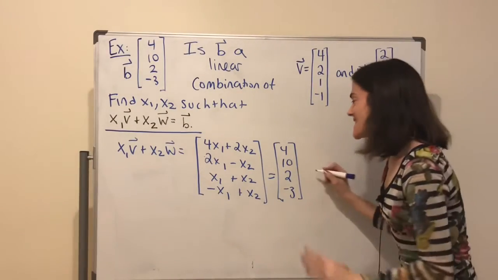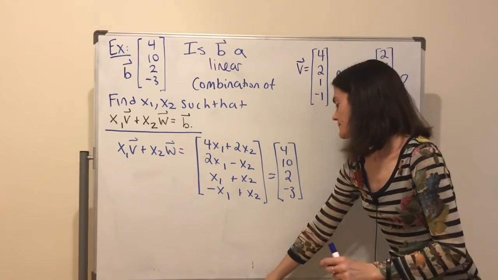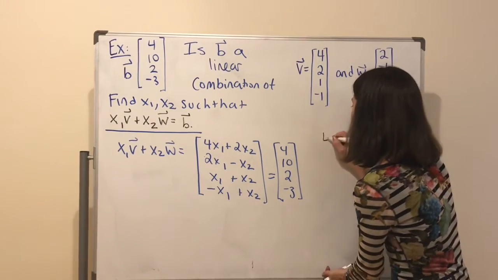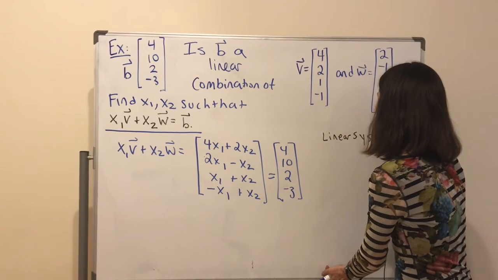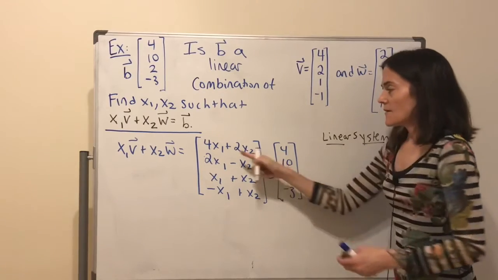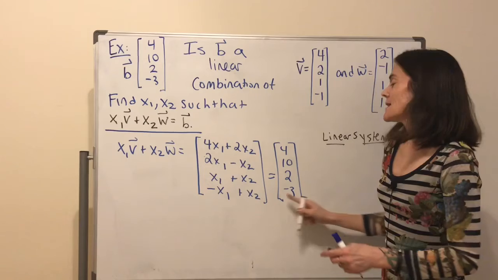This is a linear system, right? What's the linear system here? Maybe I'll write it. We know two vectors are equal if this component equals this component, and similarly the last component equals this.